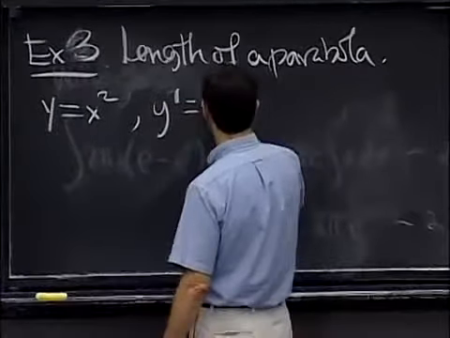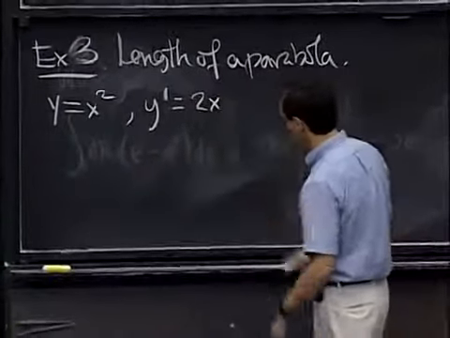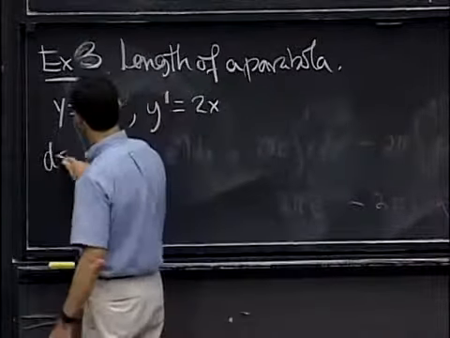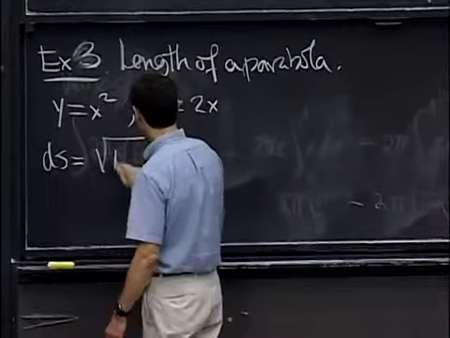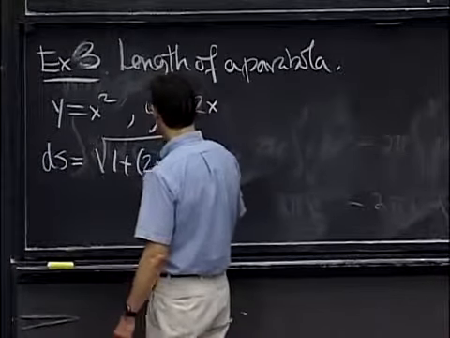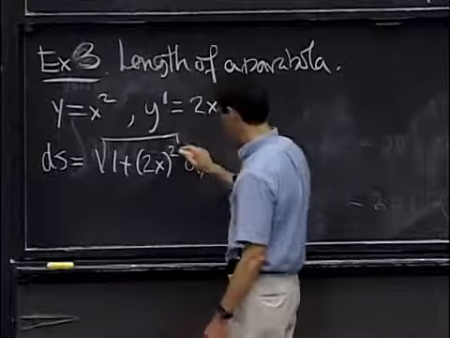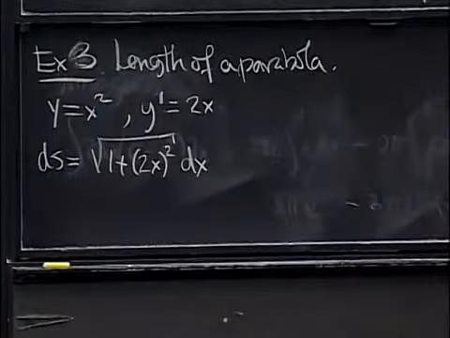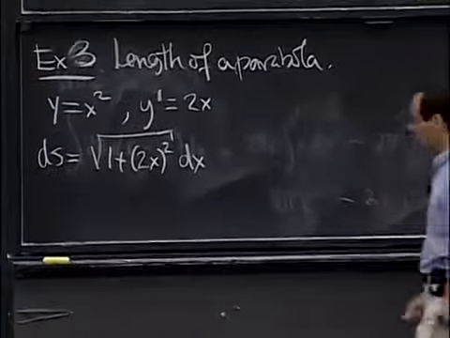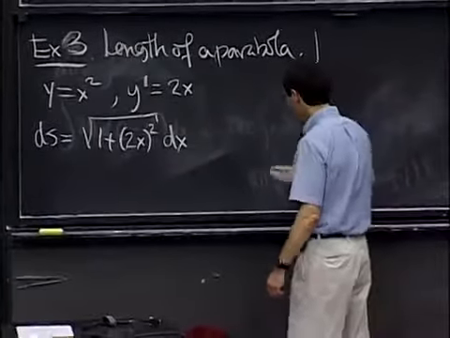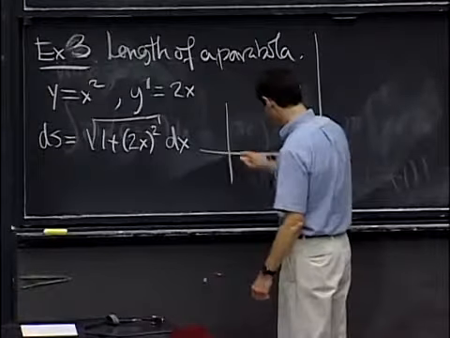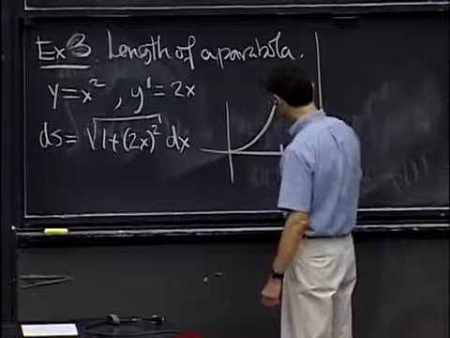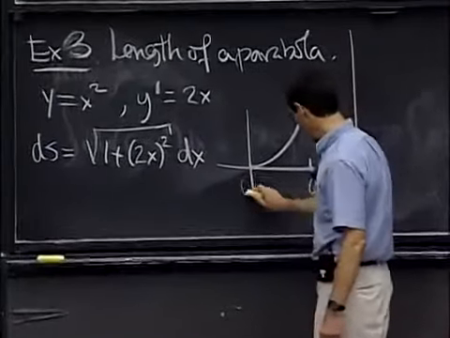Y prime is 2x. And so ds is equal to the square root of 1 plus the quantity 2x squared dx. And now I can figure out what a piece of a parabola is. So I'll draw the piece of parabola up to a, let's say, starting from 0.